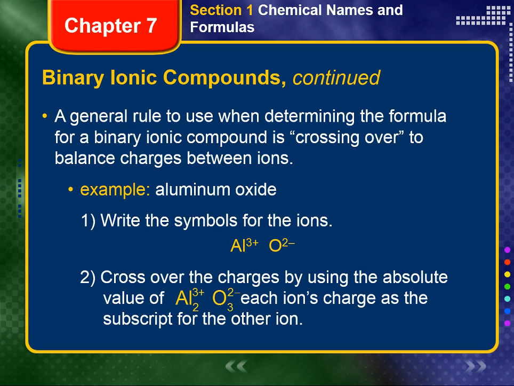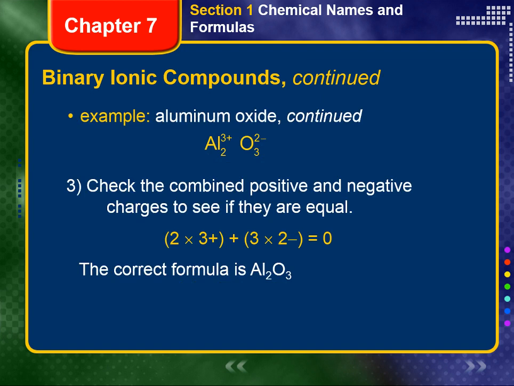Write the symbols for the ions side by side. Write the cation first. 2. Cross over the charges by using the absolute value of each ion's charge as the subscript for the other ion. 3. Check the subscripts and divide them by their largest common factor to give the smallest possible whole number ratio of ions. Then write the formula.